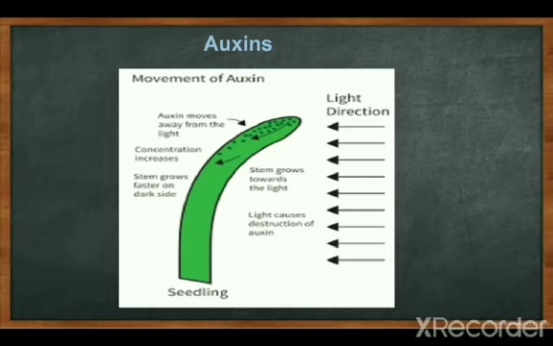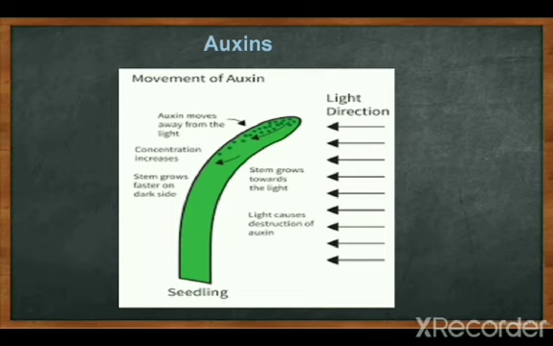Leave that plant for two to three weeks. After that, you will see that the tip of the plant moves toward the side where the light comes in. That process is called phototropism. Later we will discuss phototropism through an experiment. So auxin also helps in phototropism.